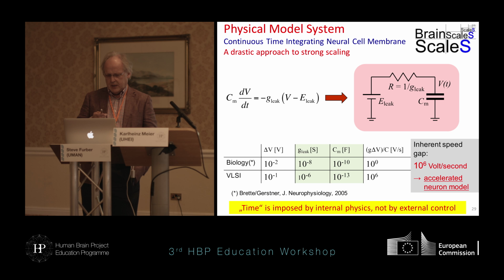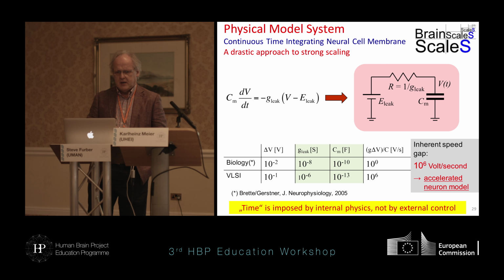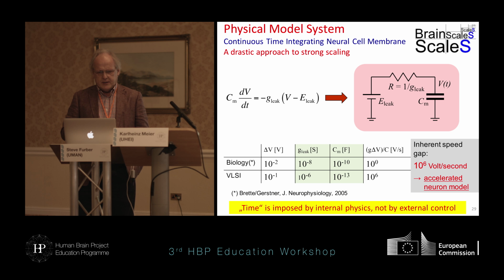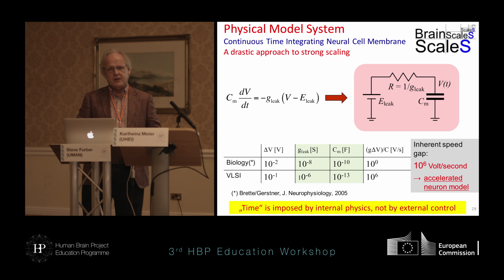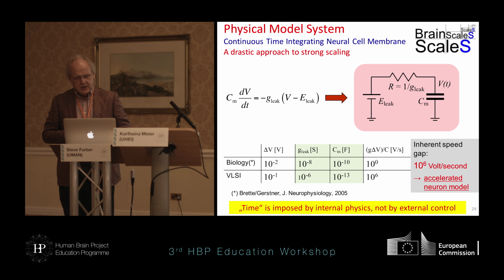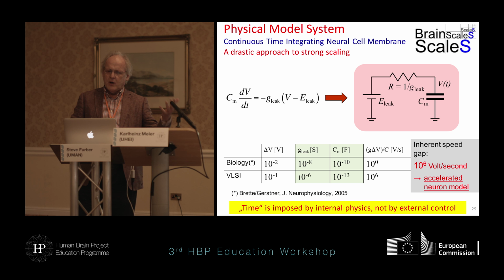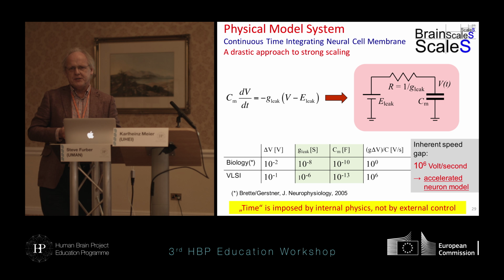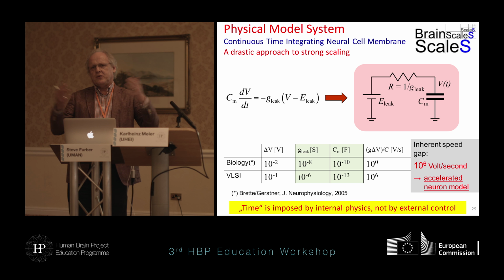The third system, Karlheinz's system, is a physical model, and here the idea is that you look at the equations that describe a neuron, and you look at electronic analog circuits which implement the same equations. If you know digital electronics, you will know that to multiply 2 16-bit numbers in digital circuits takes an awful lot of transistors.